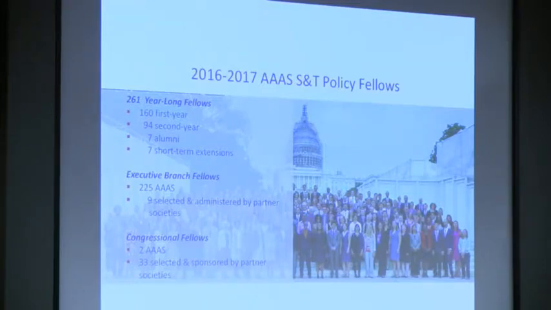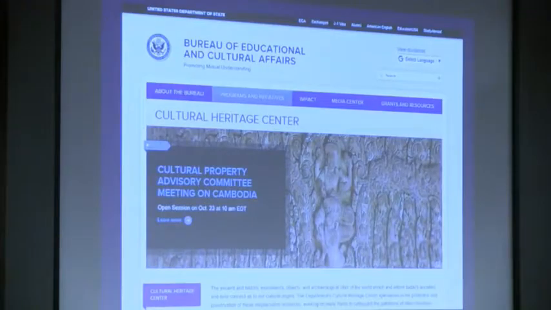Where I ended up from the fellowship process was at the Bureau of Educational and Cultural Affairs in the Department of State. This, the Cultural Heritage Center, is actually tasked to provide a center of expertise for the State Department on issues of cultural heritage. So most of my compatriots in the office were archaeologists.